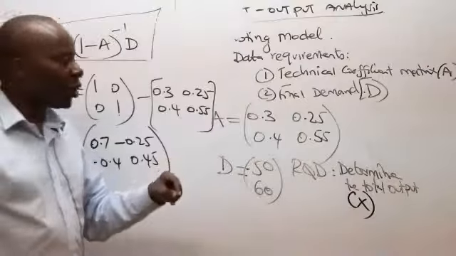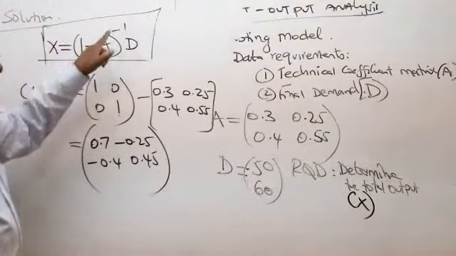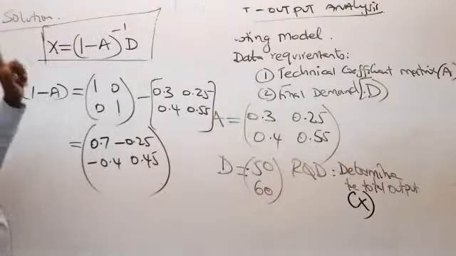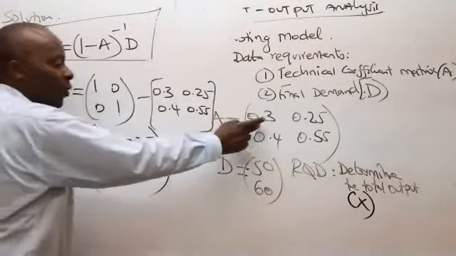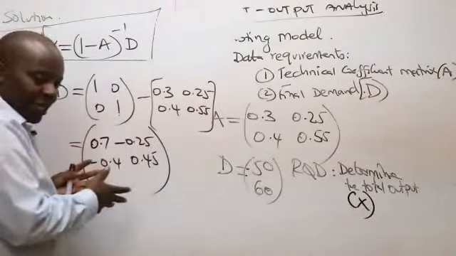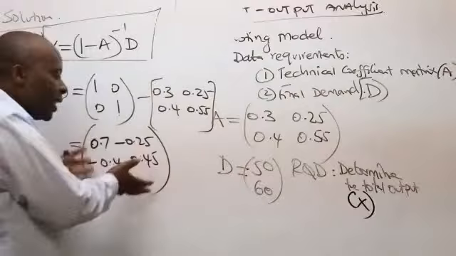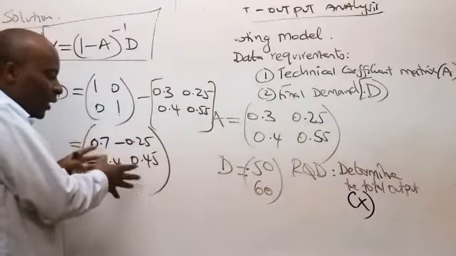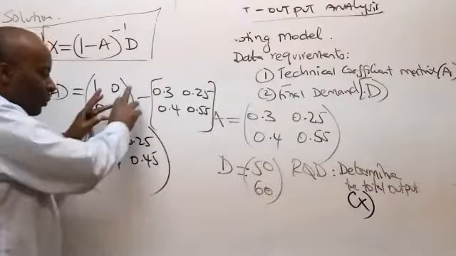Thank you very much. Because this raised to minus 1 means inversion. So remember, we are not getting the inverse of A, we are getting the inverse of I minus A, thank you very much James, the result of our subtraction here.